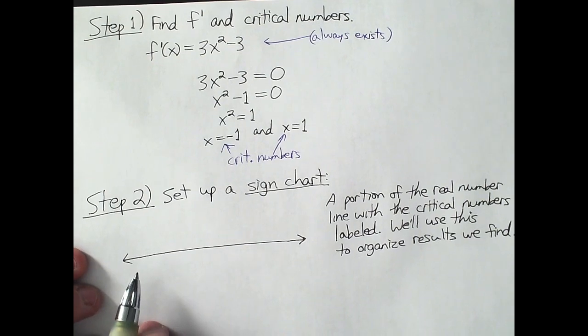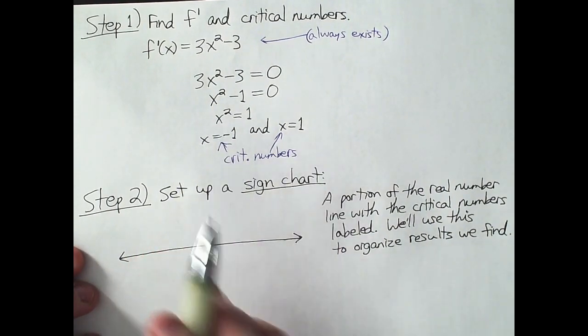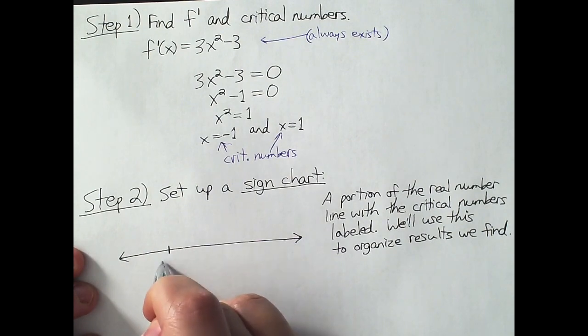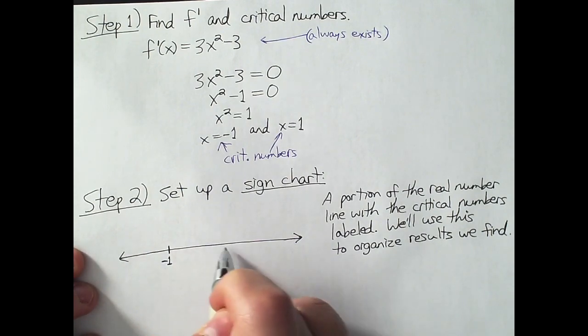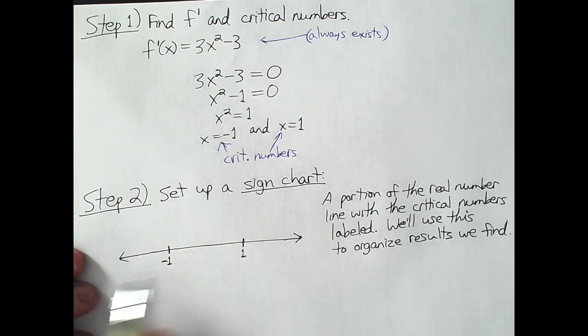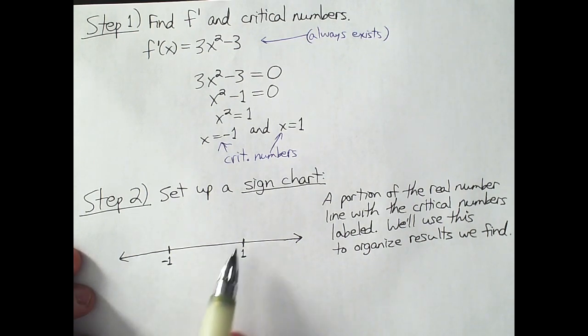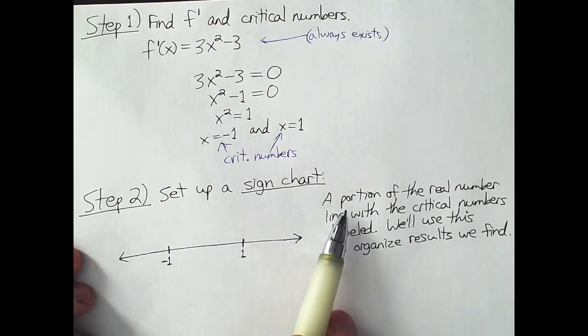But you know that the real number line includes -1 and 1, so just make sure -1 is somewhere to the left and 1 is somewhere to the right because it's bigger. And don't label any other numbers. The real number line also includes 0, which is in the middle here. It includes 2, which would be over here, but don't label any of those. Only label the critical numbers.